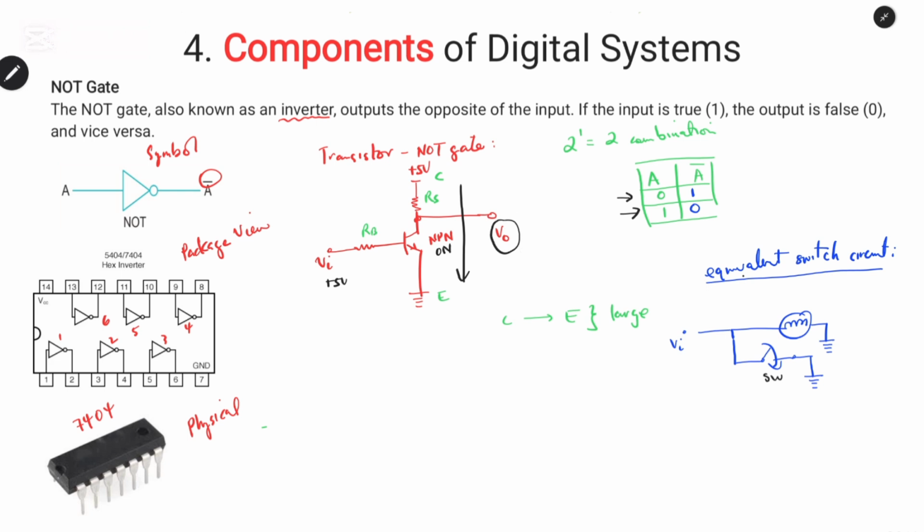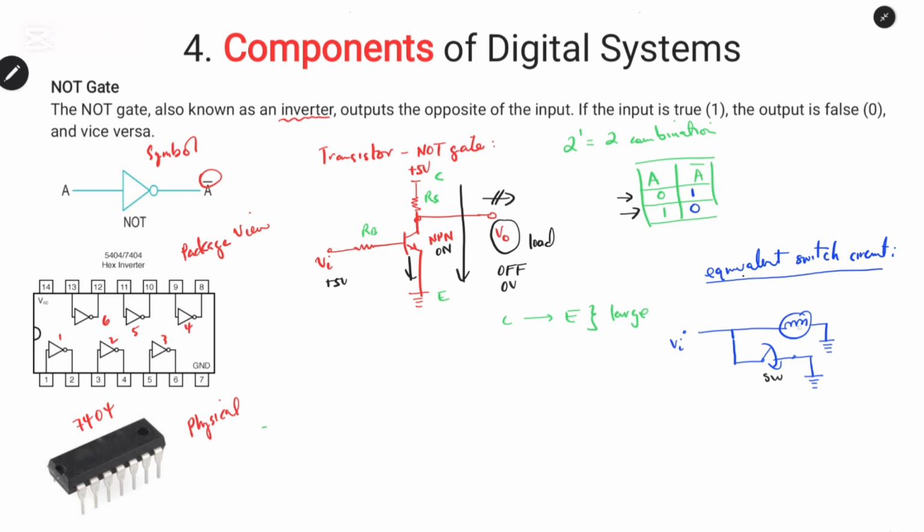Because the Vout in an actual case is connected to the load, because this gate is meant to drive a load. And when the transistor is switched on, this path becomes low resistance. Therefore, current will flow in this direction and not in this direction. Therefore, this region will be off, having 0 volts.